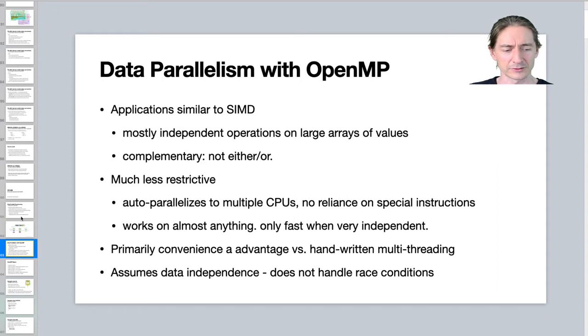And the end result is that OpenMP is not a change to the language, and it's also not a library. It's a set of what's called pragmas, compiler-specific directives that change the code under the covers.